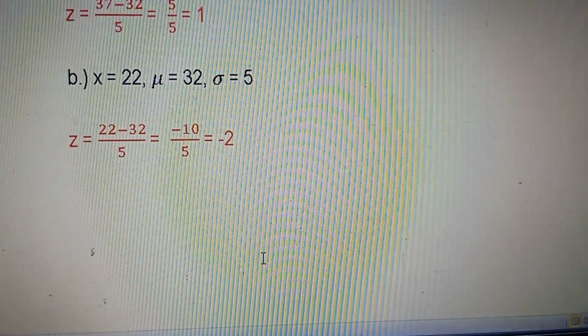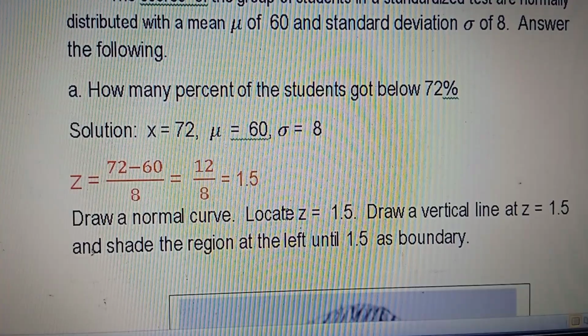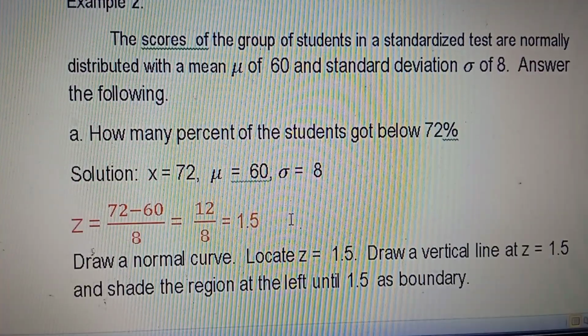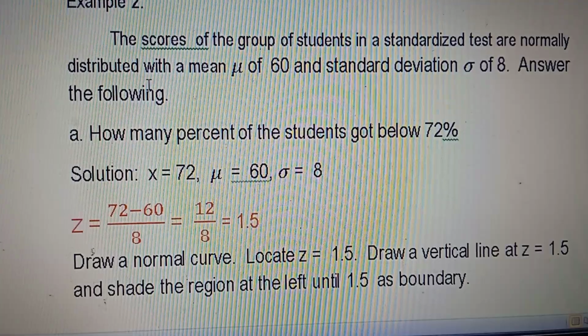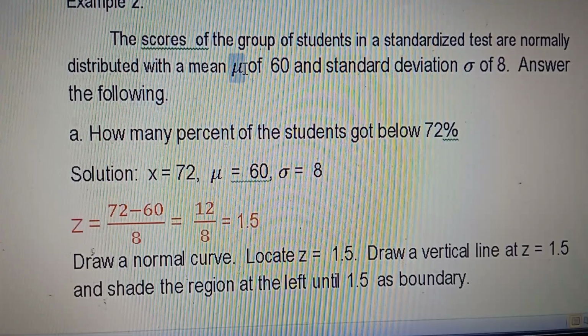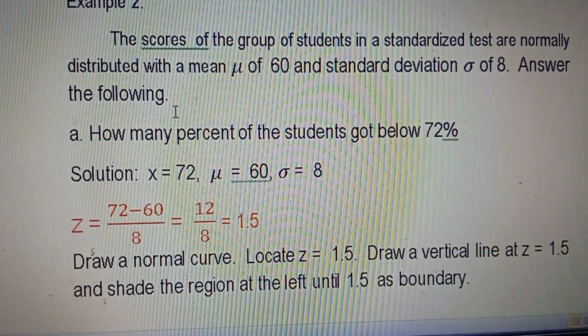Okay. So let's go to the next example. The scores of a group of students in a standardized test are normally distributed with a mean mu of 60 and a standard deviation sigma of 8. Answer the following. What percent of the students got below 72?